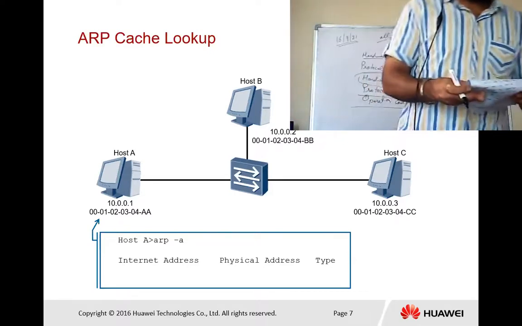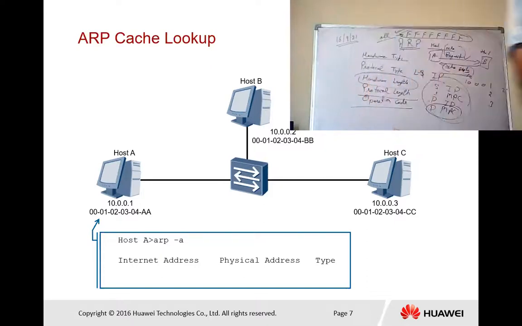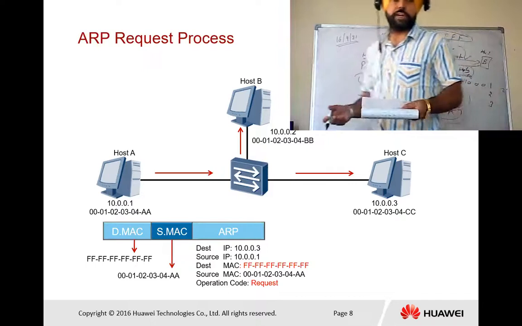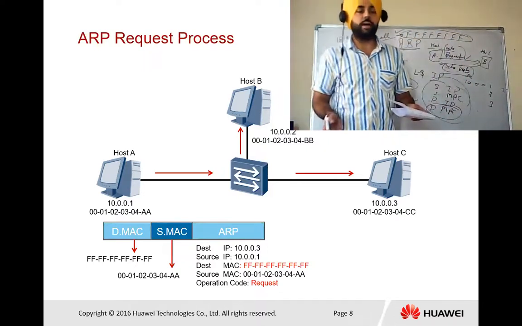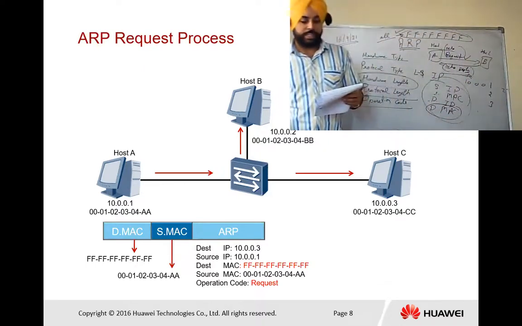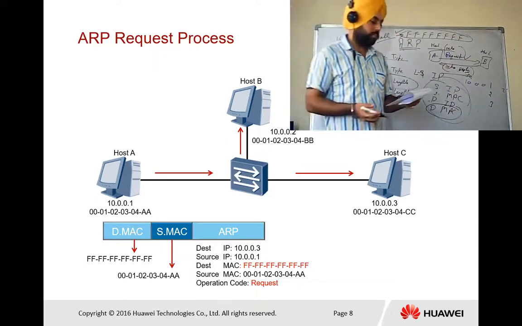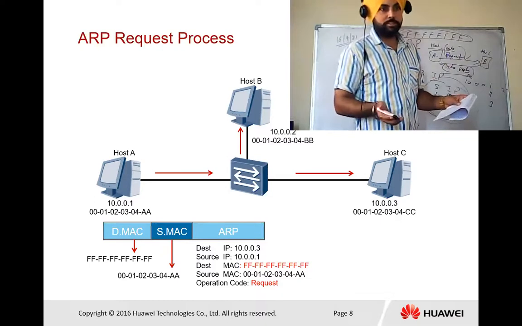So next we have the ARP request process. If it is blank, meaning you don't have the MAC address, then host A will send the ARP request to all the PCs.